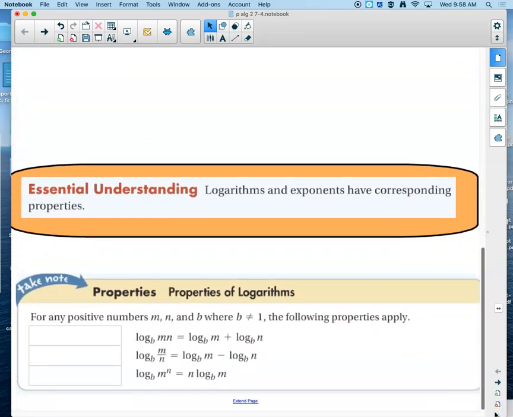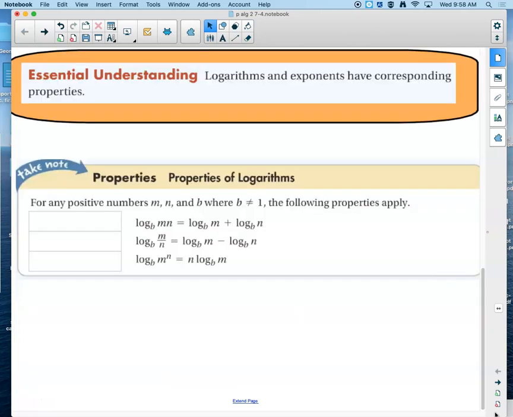So here's our essential understanding. Logarithms and exponents have corresponding properties. They have to follow those same properties. So down here in this box that says take note, this is where we're getting the properties of logarithms. If logarithms tell us to multiply, we have to change that to add because they have to follow the same rules as exponents.